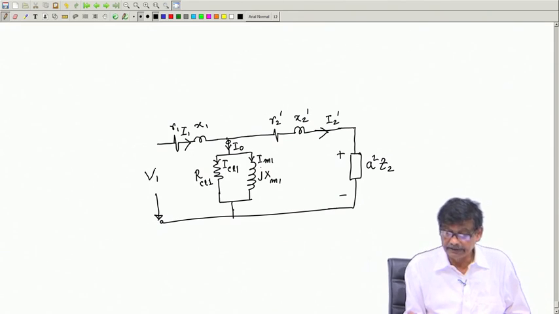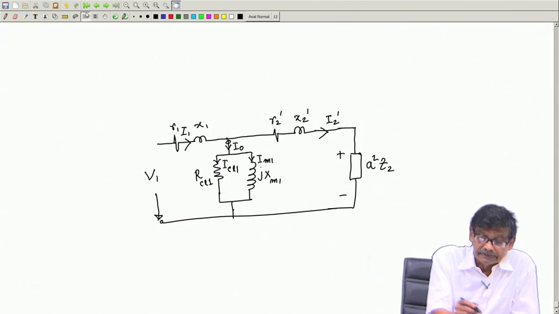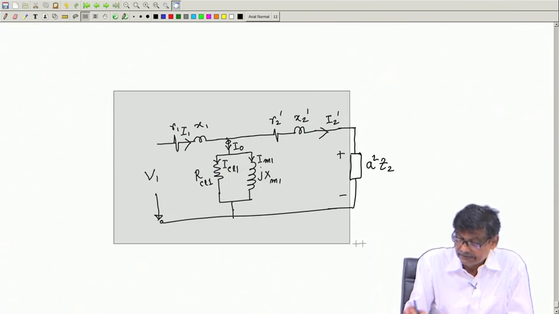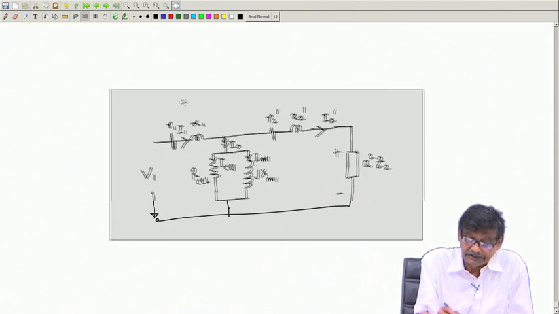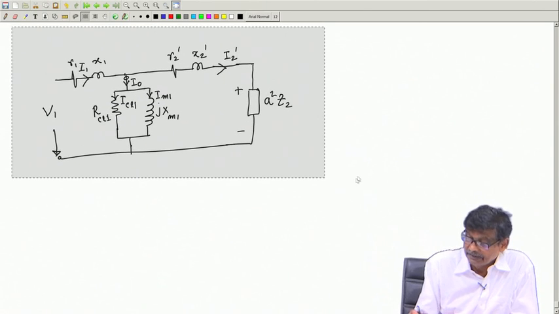This is the equivalent circuit we have seen. Now, what I am telling is that this equivalent circuit, you just select it and push it here. This is the equivalent circuit.